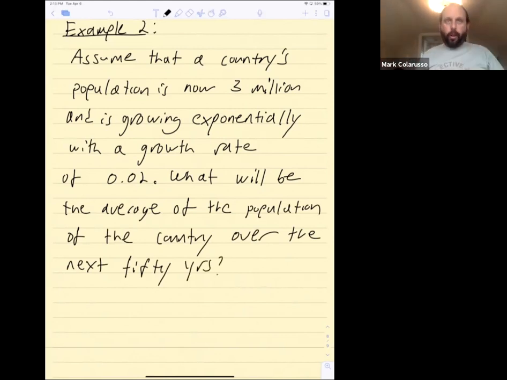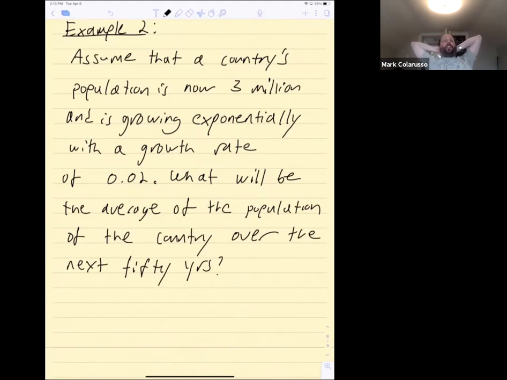Okay, sorry, said it correctly now. So the population of the country is continuously growing at an exponential rate, right? And we want to figure out over the next 50 years what would be the average of that country's population.